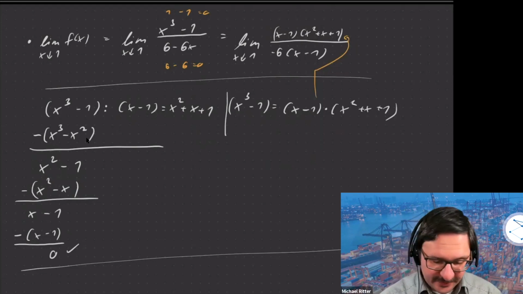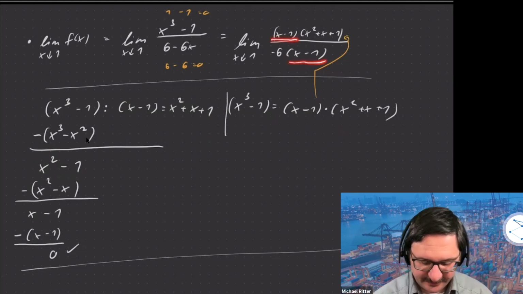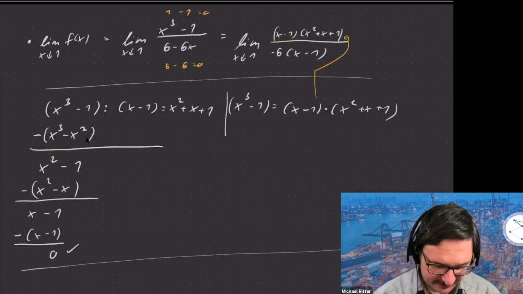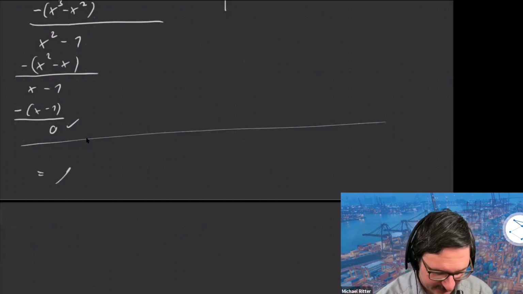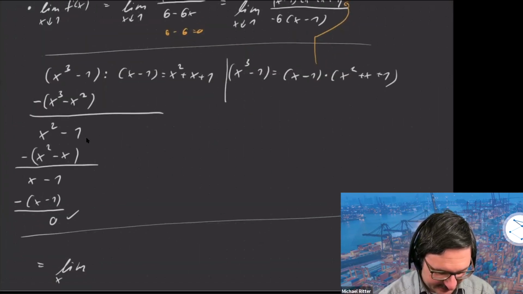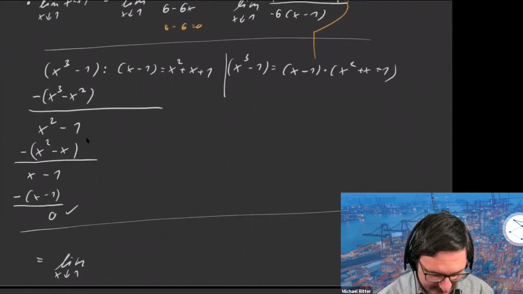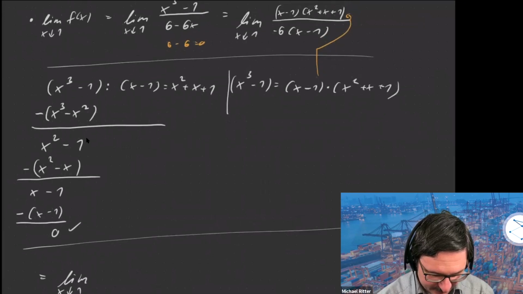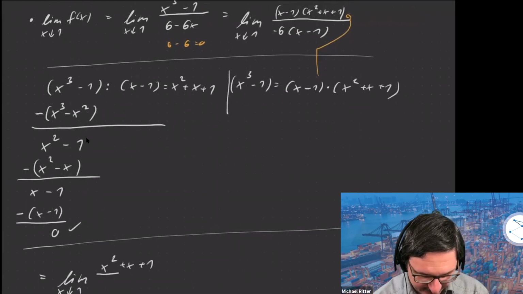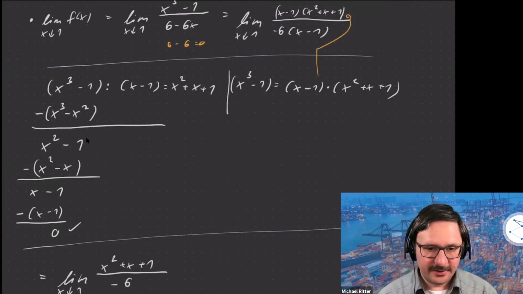And again, we are in a situation where we can cancel out this factor here. So to continue with that computation, we get the limit as x tends to 1 from above of, we cancel that out, we have x squared plus x plus 1 in the numerator and minus 6 in the denominator.